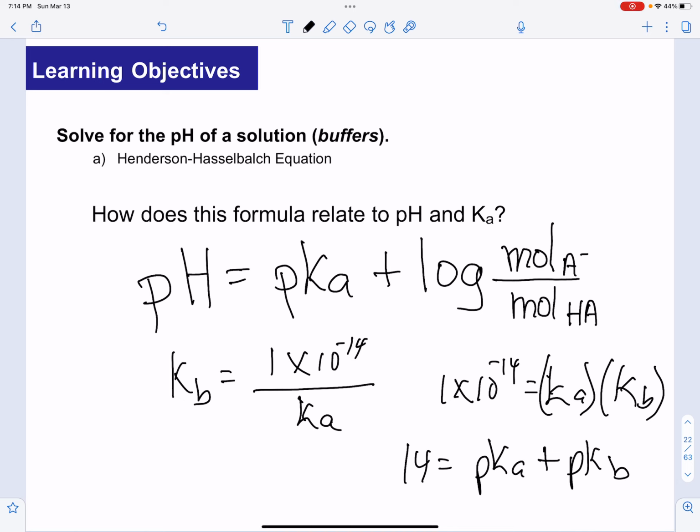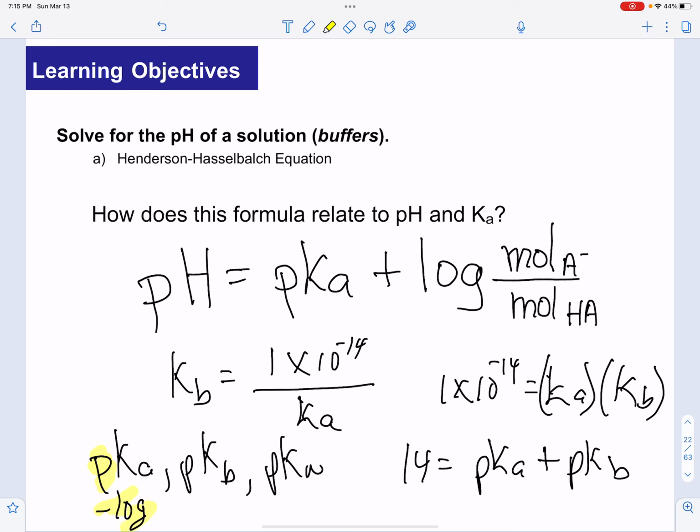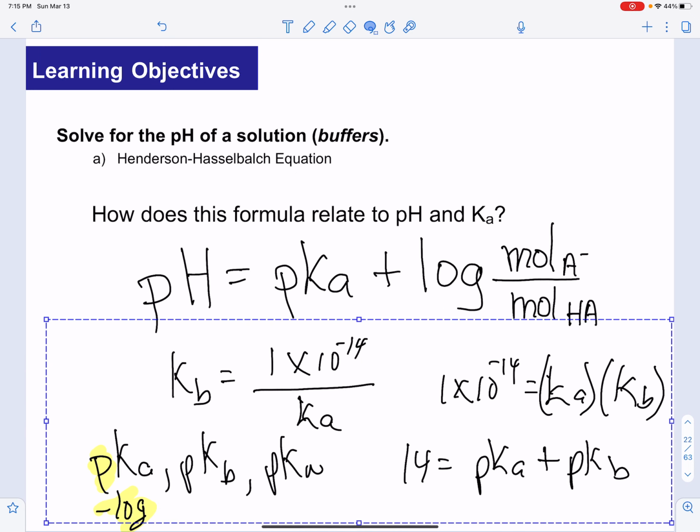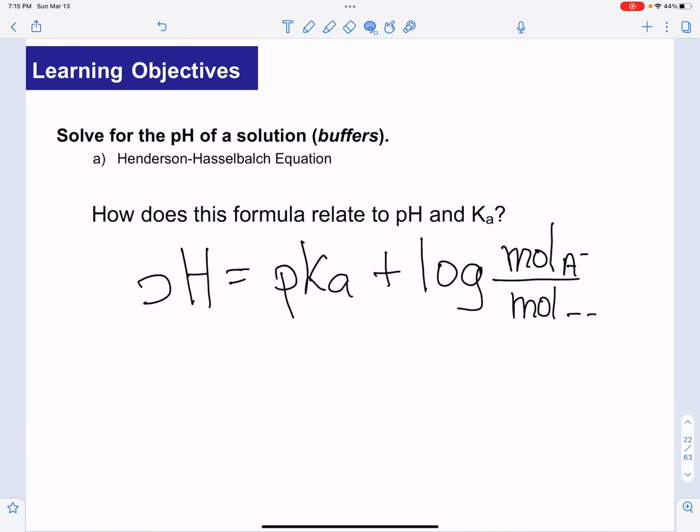And besides that, one more thing, remember that the p on the Ka, the p on the Kb, the p on the Kw, all those p's are nothing more than minus log. That's what the p means, minus log. So keep that in mind. So going back to the Henderson-Hasselbalch formula, that's the formula.